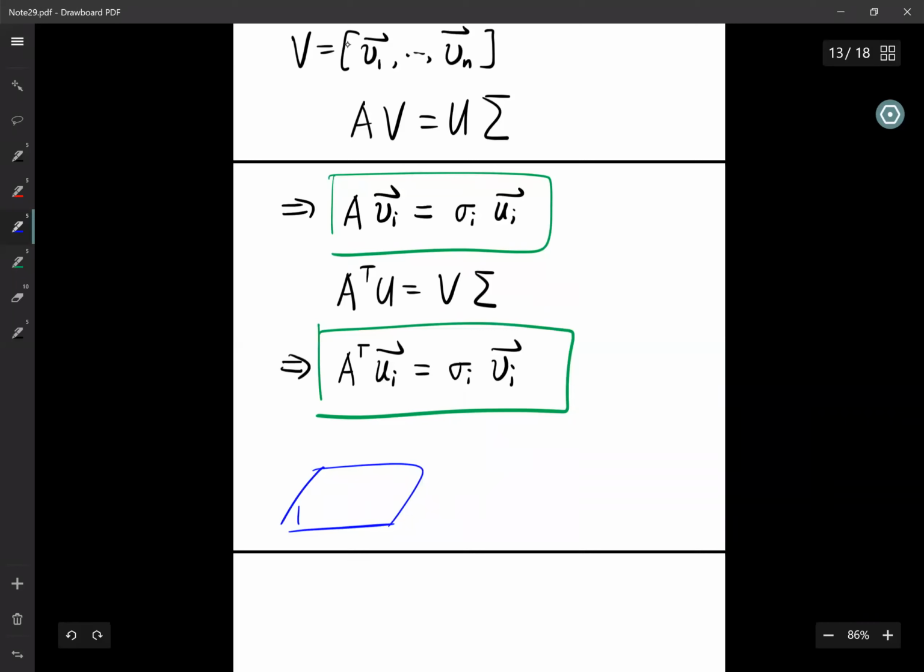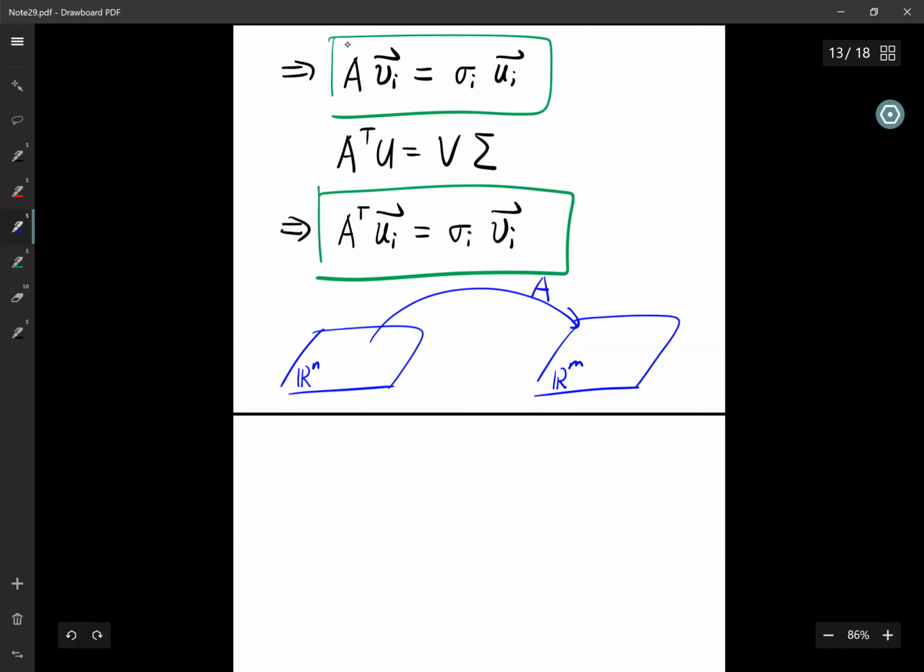This is Rn. This is Rm. Going from here to here, we use the matrix A, so it maps a vector V to another vector U, but scaled by sigma. Similarly, if I consider from Rm to Rn, we use A transpose.